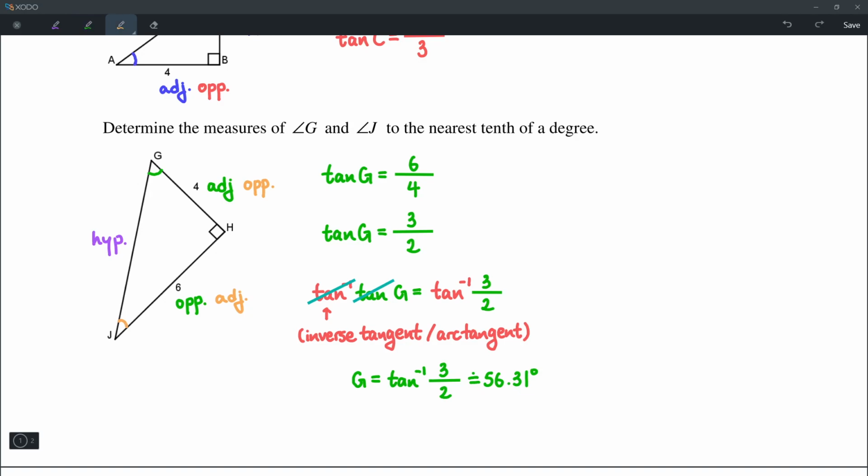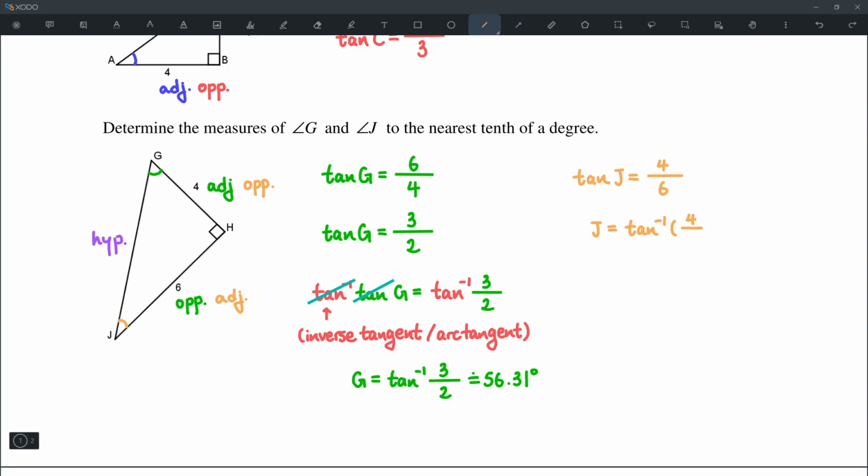Now we can do the same thing for angle J as well. Tangent J is equal to, of course, 4/6, the reciprocal of the previous question, since opposite and adjacent side simply switches. And so J is going to be equal to inverse tangent, or arctangent, of 4/6.